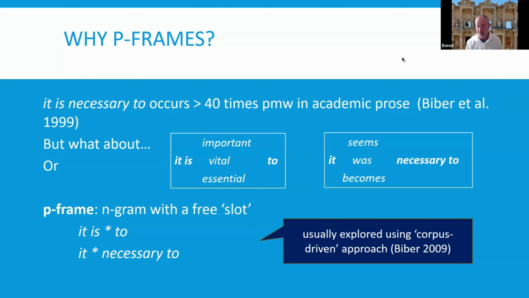This corpus driven is sometimes contrasted with corpus based, where you decide in advance what you're going to look at. Both approaches are perfectly justified, but with an approach like p-frames, corpus driven makes more sense.